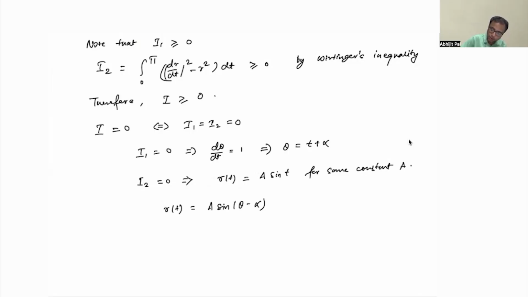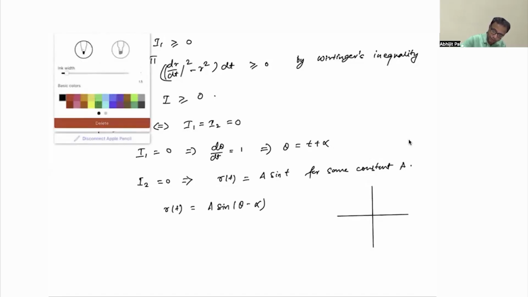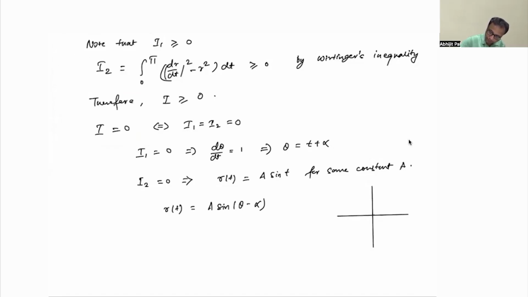This is the polar equation of a circle passing through the origin, if you take the R2 plane. The polar equation of a circle is r(t) equal to A times sine of (theta(t) minus alpha).